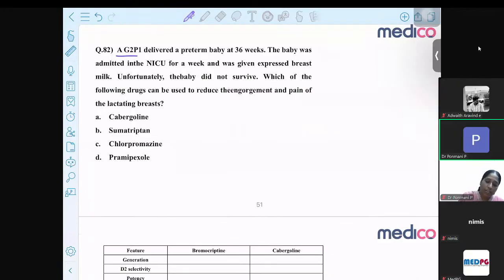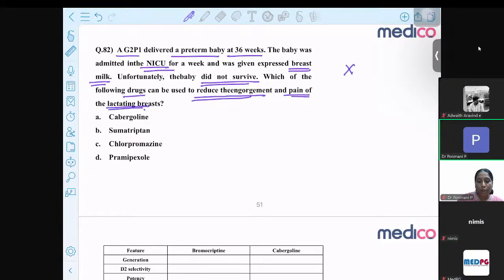A G2P1 delivered a preterm baby at 36 weeks, and this baby was in NICU. And the baby was given expressed breast milk, but the baby did not survive. Now, what are the drugs which can be used to reduce the engorgement and pain of the lactating breast? So what are we going to do?